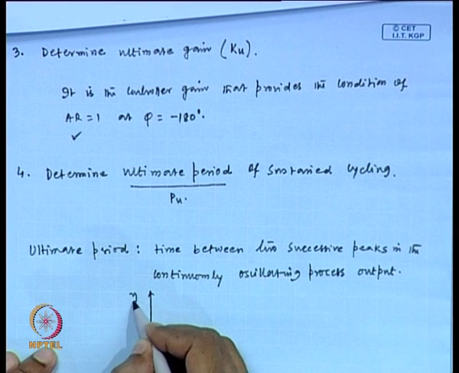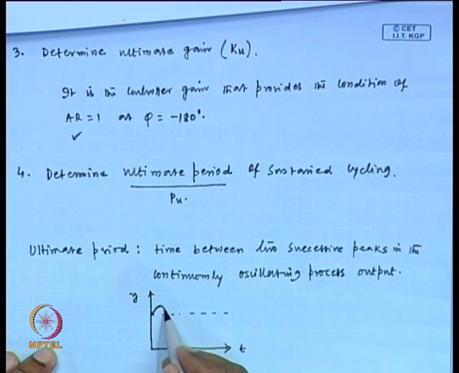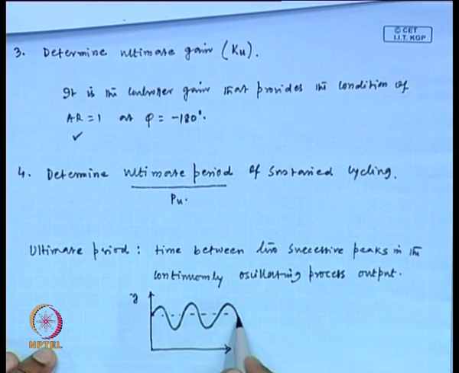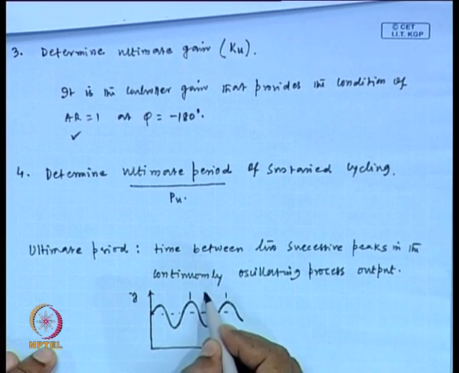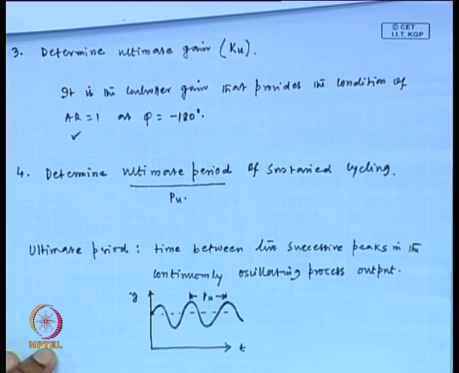Suppose this is y, this is t. It is continuously oscillating like this. So, this is the ultimate period Pu. Fine. You see, this is the continuous oscillation. So, the time between two successive peaks, that is Pu.